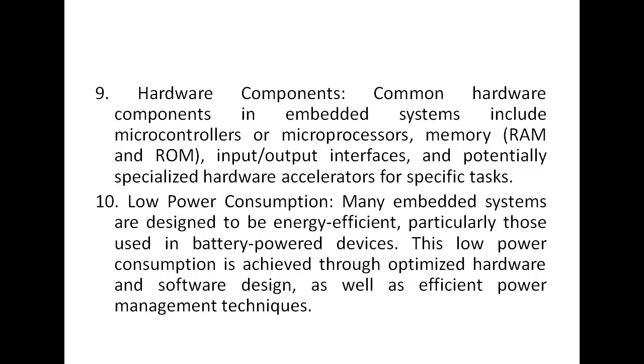So many devices are there which we will use. Then low power consumption: many embedded systems are designed to be energy efficient, particularly those used in battery powered devices. This low power consumption is achieved through optimized hardware and software design as well as efficient power management techniques.